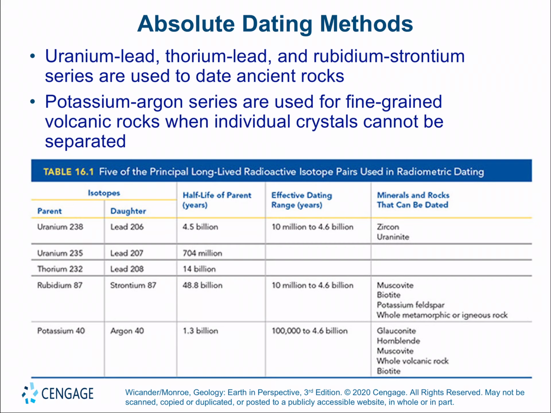We can use potassium-argon, that series, when we're dealing with fine-grained volcanic rocks, when our individual crystals cannot be separated. And you can see in table 16.1, you have 5 of the principal long-lived radioactive isotope pairs that are typically used in radiometric dating.